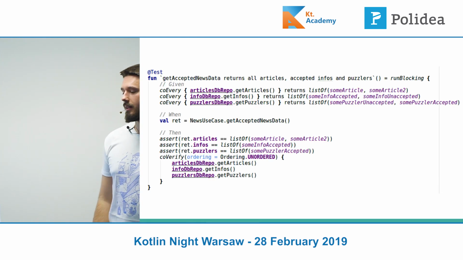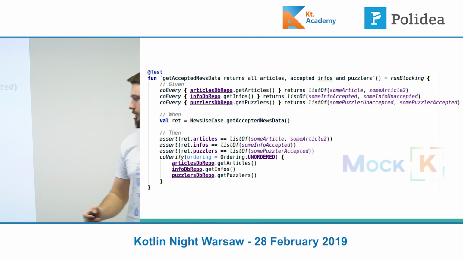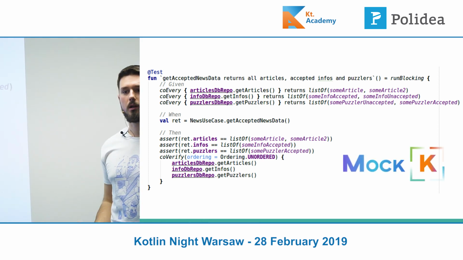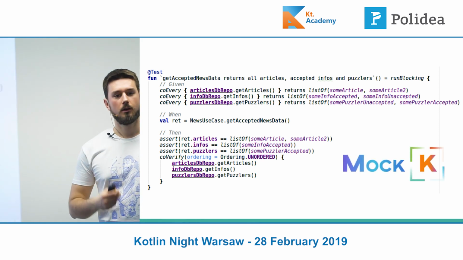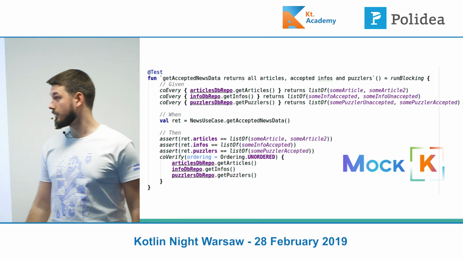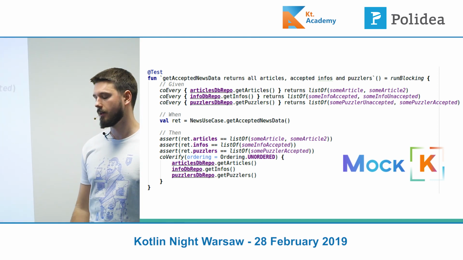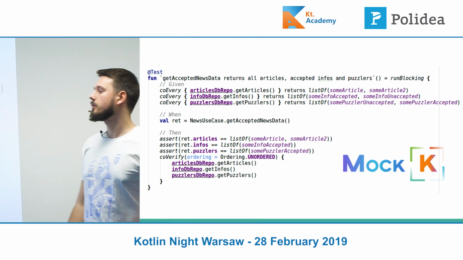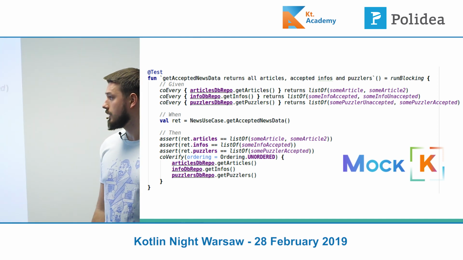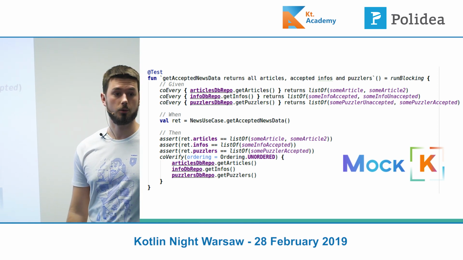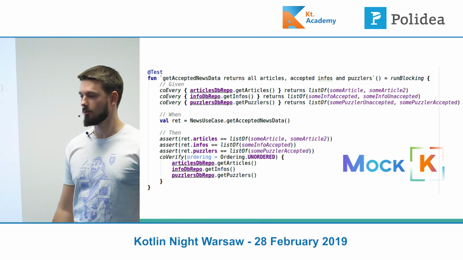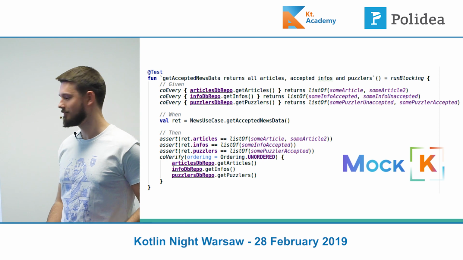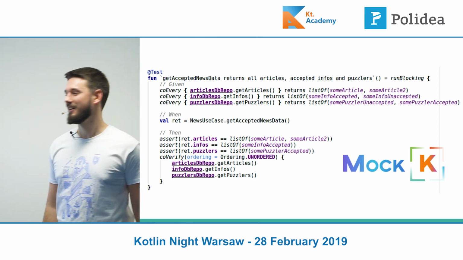We also have testing libraries. For instance, MockK is a very popular mocking library for Kotlin. It allows us to mock suspending functions and to verify suspending functions. It has very good support for coroutines. So all the tools are there. You can go and use it.